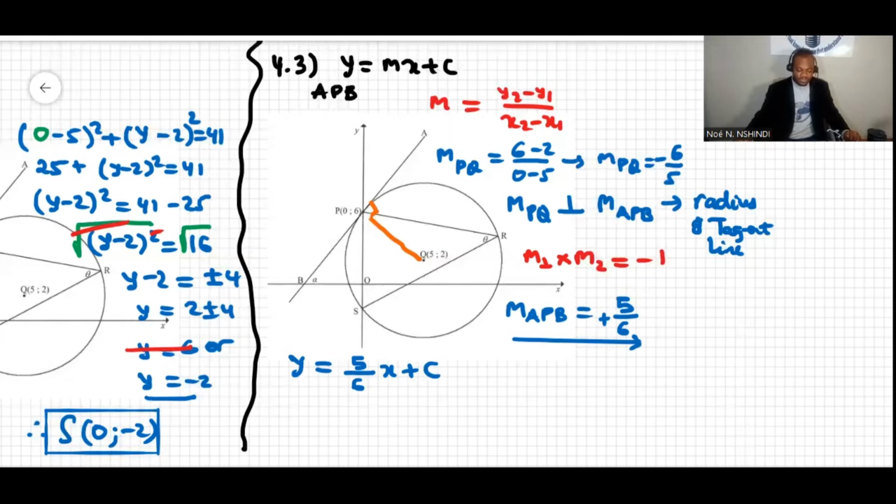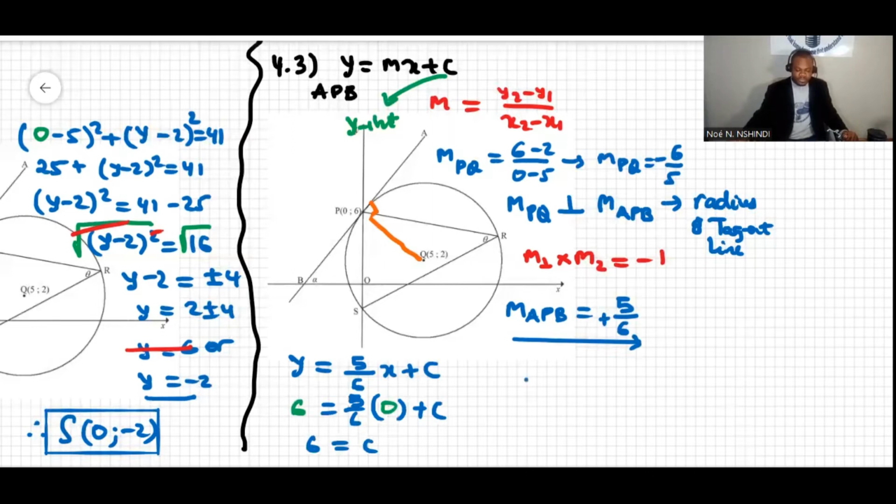In any case, c is always the y-intercept, so we can just say plus 6 because this 6 stands for the y-intercept. But let's just substitute the points: 6 = 5/6 (0) + c, so c is equal to 6.